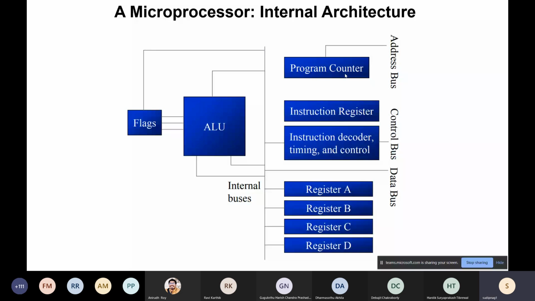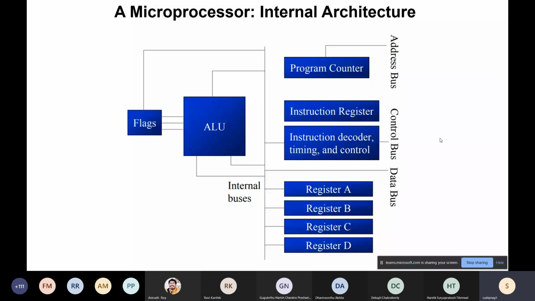You were originally 0000; increase it to 0001 in hex, and then apply it to the address bus. The program counter will increase and apply the value to the address bus, and then timing and control will issue the read signal again for the second time.